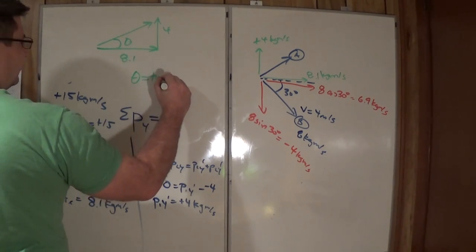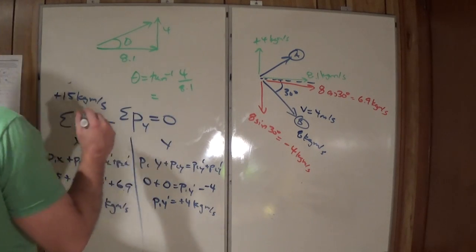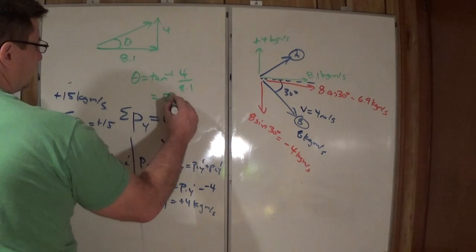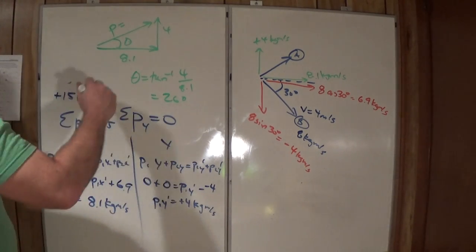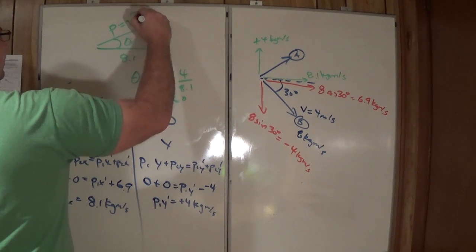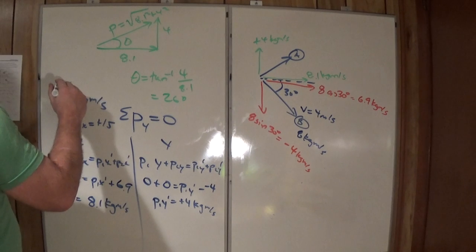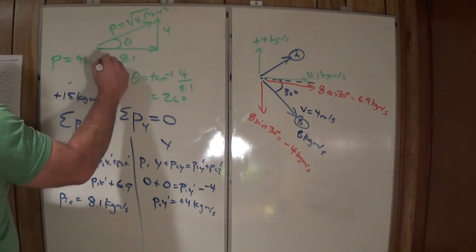Theta equals inverse tan of 4 over 8.1, which is about 26 degrees. The actual momentum is the square root of 8.1 squared plus 4 squared, so the actual final momentum is 9 kilogram meter per second.